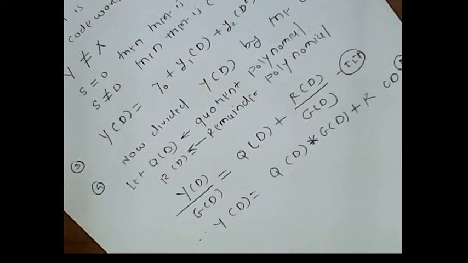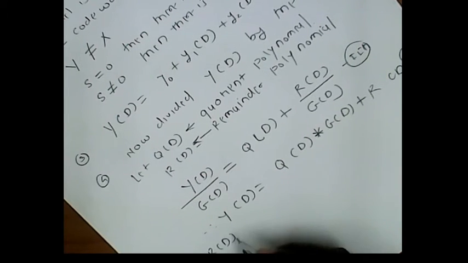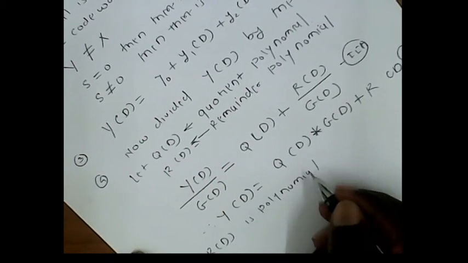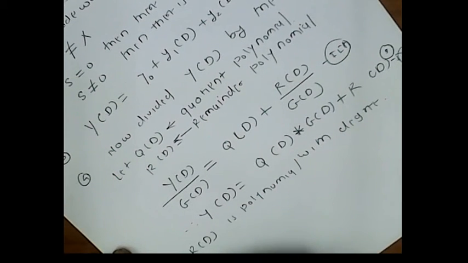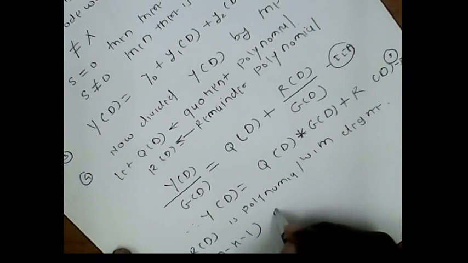Now the remainder polynomial is a polynomial with a degree of order n minus k minus 1 or less.